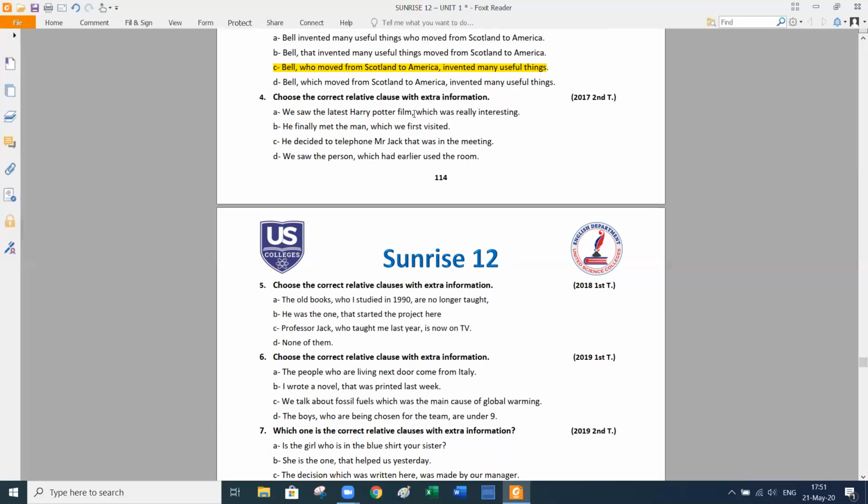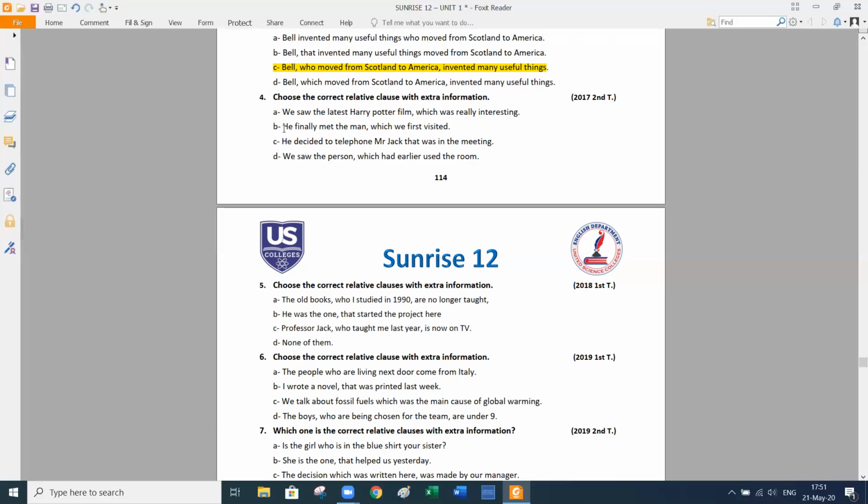That's the main clause, separated with a comma, and then used the relative clause with extra information. And we are talking about a film, namely a thing, not a person, so which is used. That's correct. So A seems to be correct, but we continue looking.